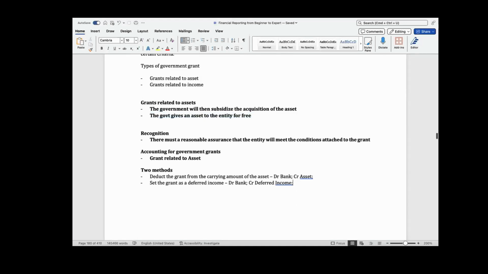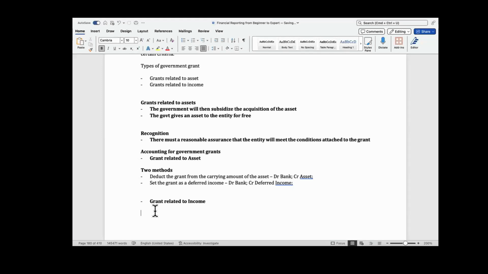The second one is grants related to income. So any other grant that is not related to assets would therefore be related to income.